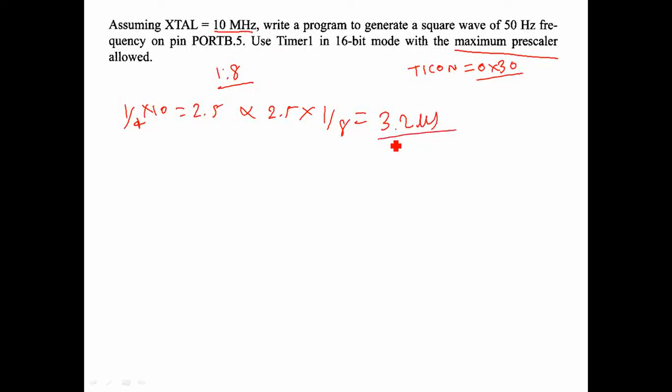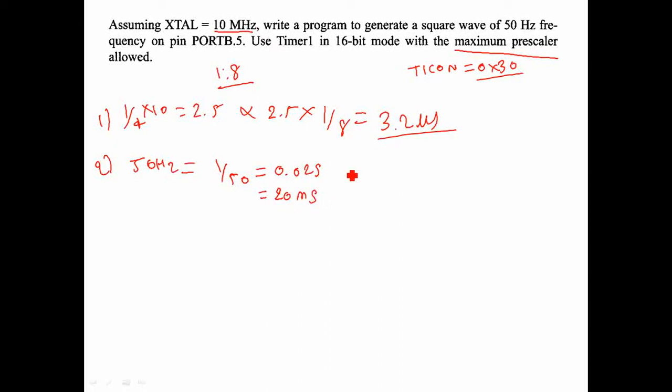Then let us calculate the values for timer 1H and timer 1L for a frequency of 50 hertz. We have to calculate the time delay. For 50 hertz, 1 divided by 50 equals 0.02 seconds, or 20 milliseconds.